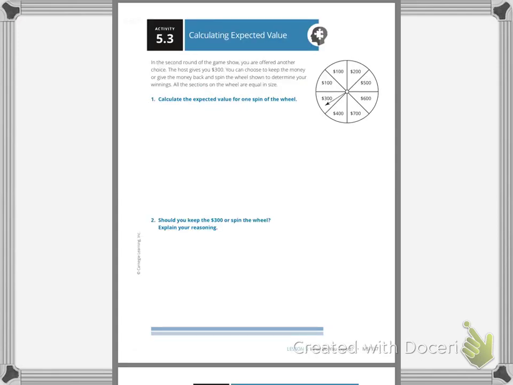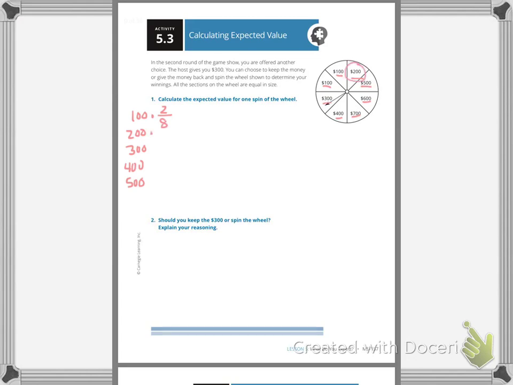Okay, so it says calculate the expected value for one spin on the wheel. So first, we find the probability or the percentage of each, and we multiply them. So 100 appears 2 times out of 8.